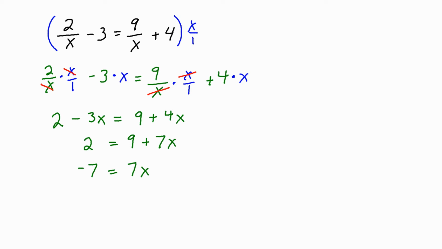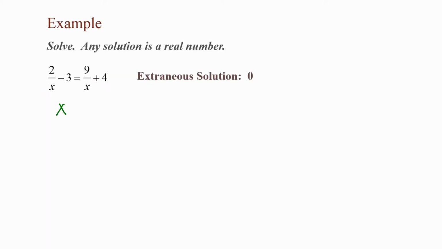Negative 7 divided by 7 is negative 1, and that equals 7x divided by 7, which is x. So I have x equals negative 1 as my final answer. I want to check to make sure negative 1 is not my extraneous solution. Since the extraneous solution is 0, my final answer is x equals negative 1.